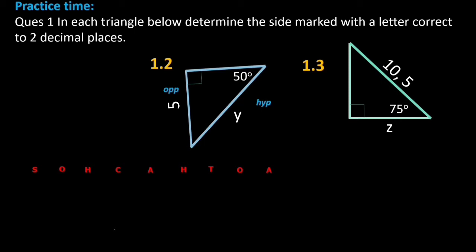Well, the opposite over the hypotenuse is the sine function. So in this case we can use the sine to solve the problem, because we are given the opposite side, the side opposite 50 degrees, and the hypotenuse is the other side that we want to determine.